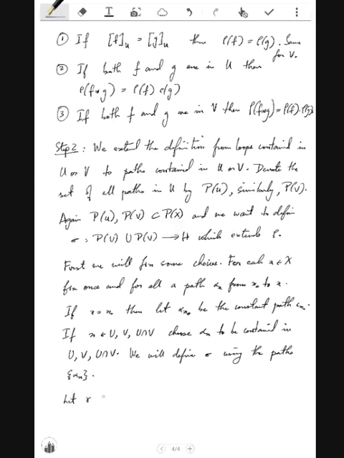So let gamma be a path which is completely contained inside U or V. So gamma is a path from x1 to x2 and is completely contained inside U or V. Here we have alpha x1, here we have alpha x2.